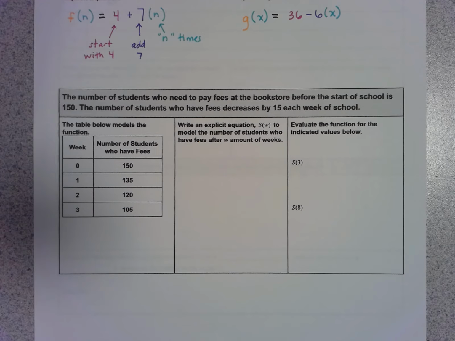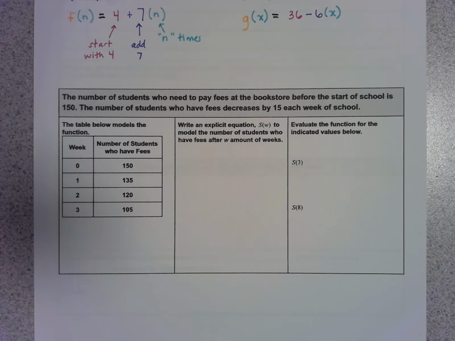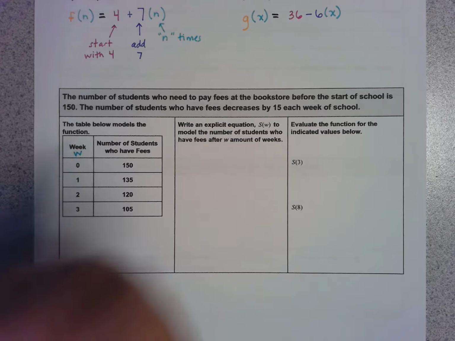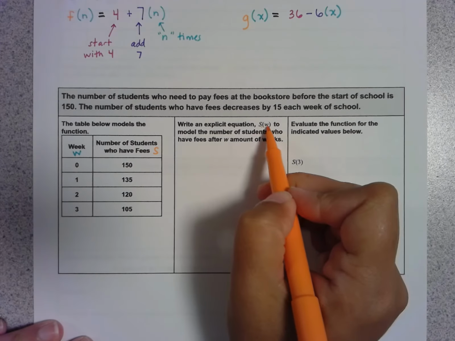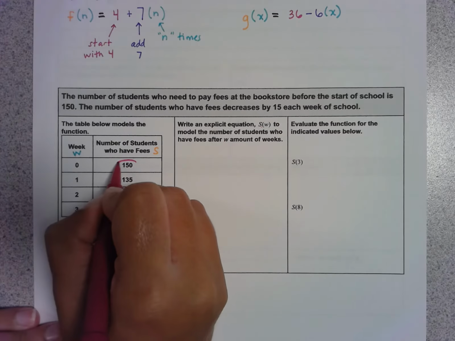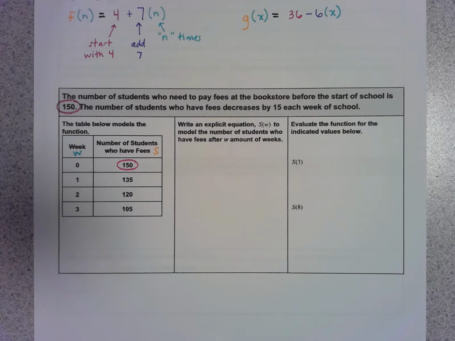It says write an explicit equation S of W to model a number of students who have fees after W amount of weeks. So in the directions, they're telling me use W for weeks and use S for students, where S is the output, W is the input. Now this table starts with 150, which makes sense. We can see that same value in our story problem.